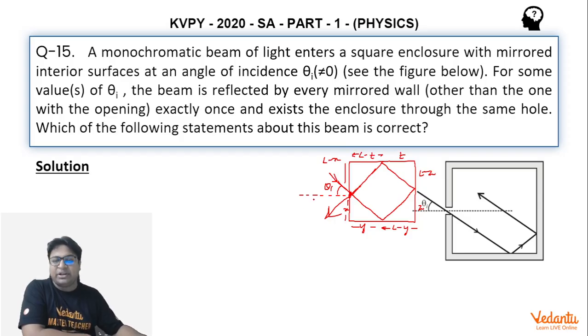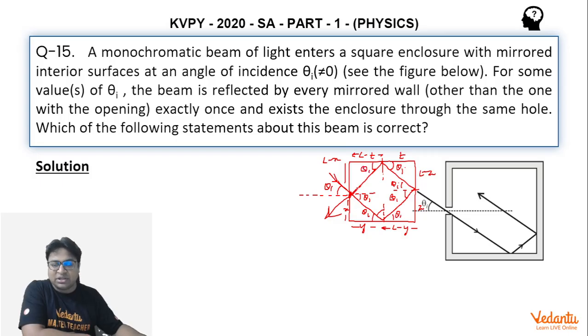Right. So now the light enters, this angle is theta I, so even this angle will be theta I, which means this angle will be 90 minus theta I, which means that this angle would be theta I, and so on for the other angles.